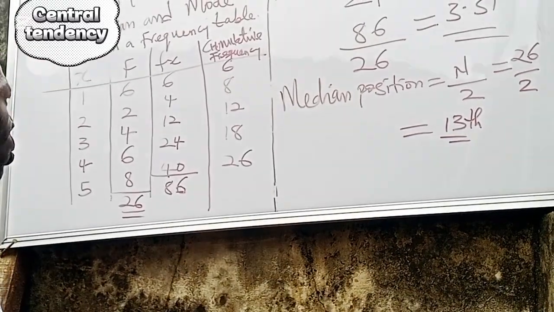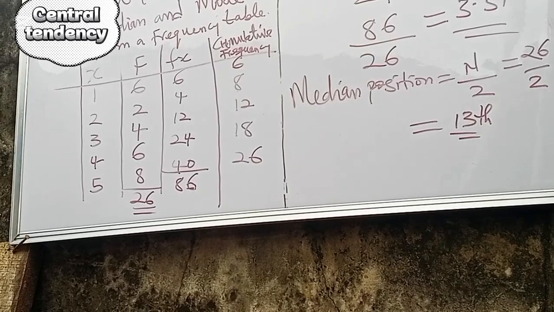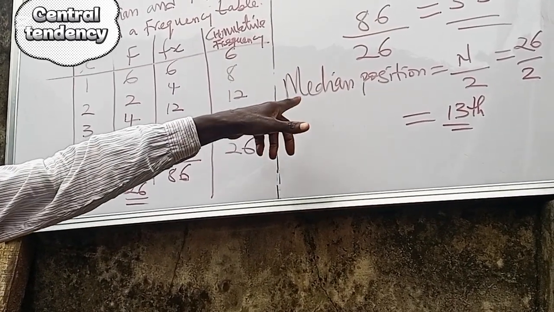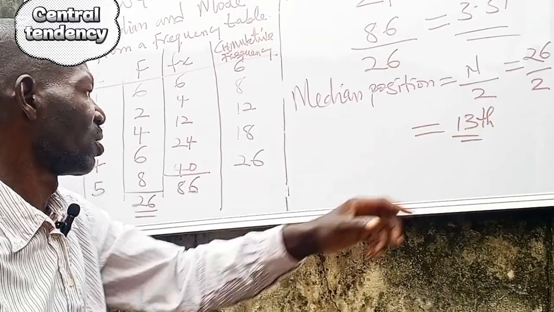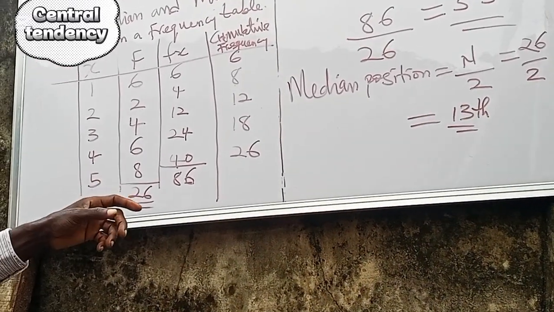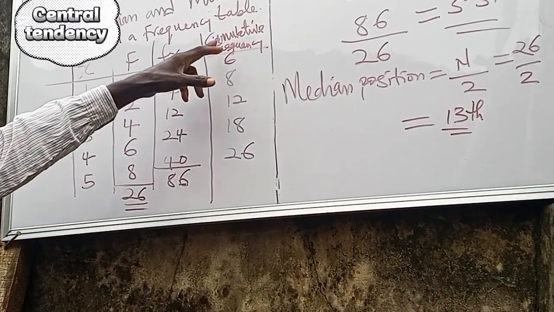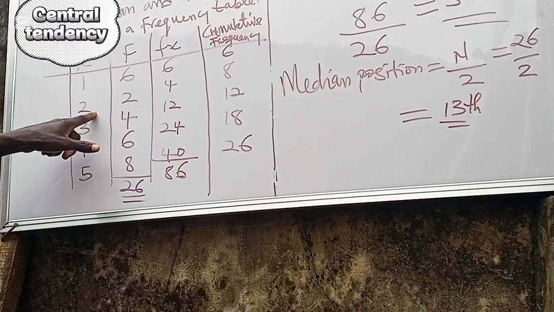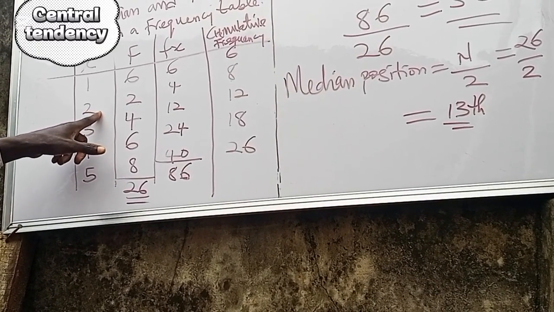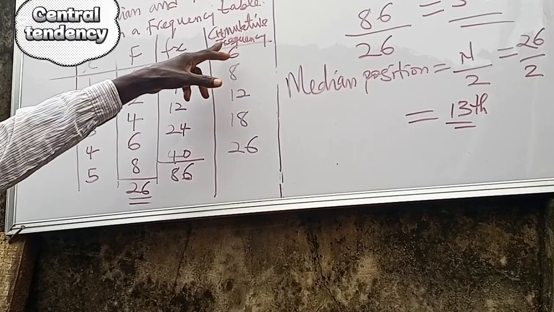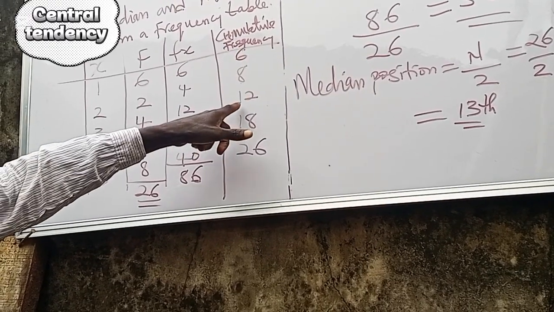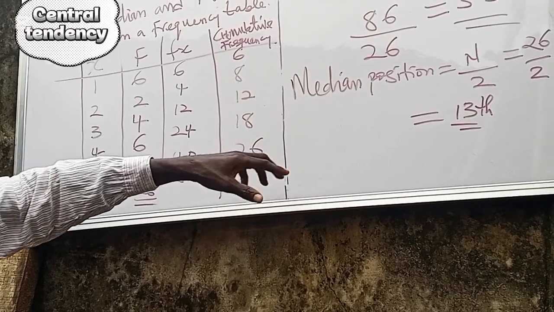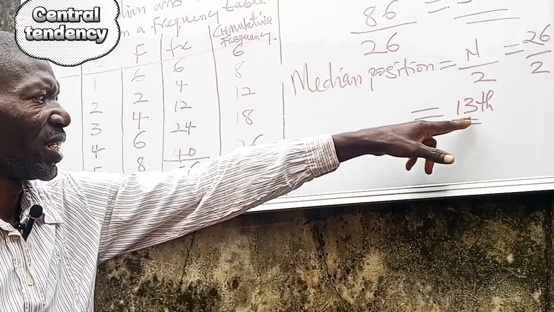So to get our median from this frequency table, we have gotten our median position to be 13th. So you look at the frequency table. If you look here, when x is 3, we have our cumulative frequency to be 12. We are looking for the median position of 13th.